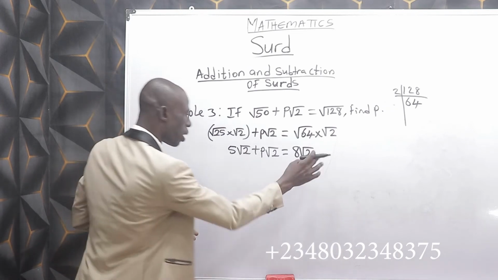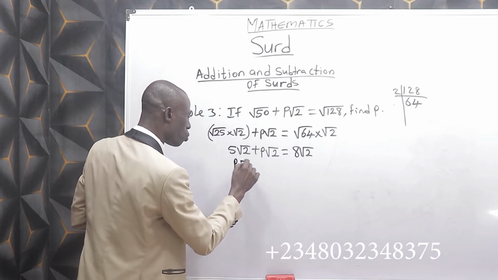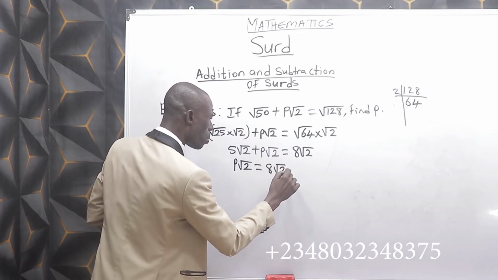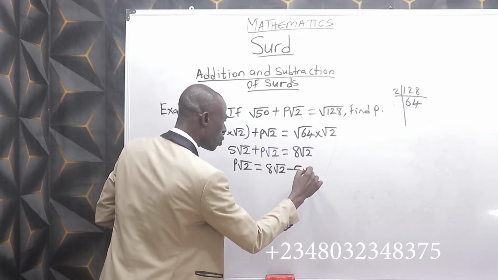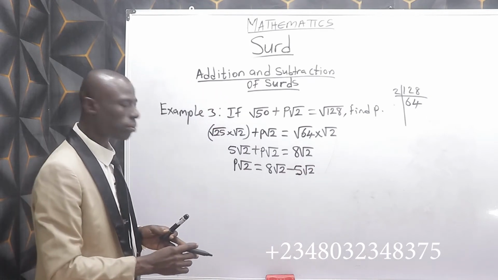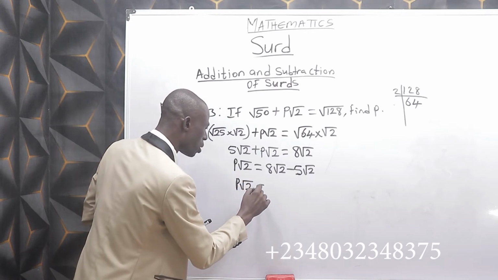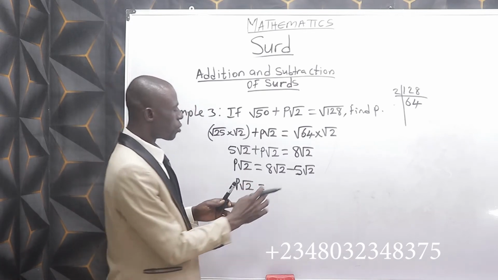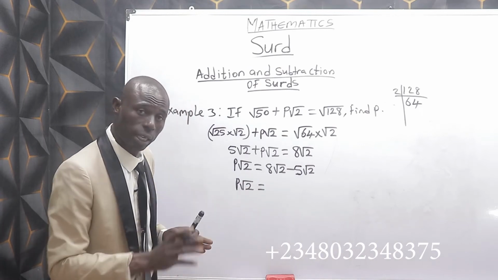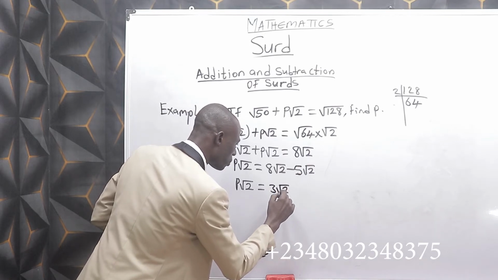So you separate them to have p root 2 equals 8 root 2 minus 5 root 2 by collecting the like terms. So you have p root 2 being equal to, when you subtract 5 root 2 from 8 root 2, it gives you 3 root 2. So you have 3 root 2 here.